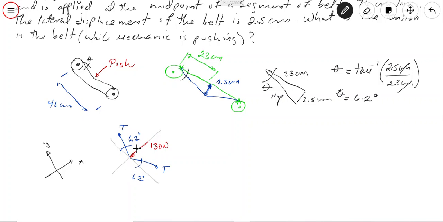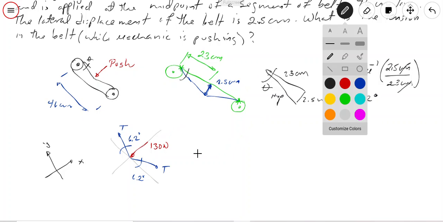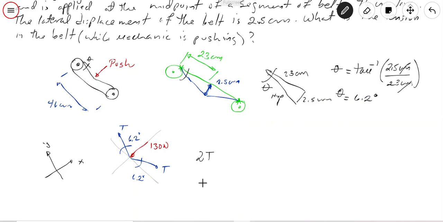So if I make a sum of the forces acting on the x-axis, I have 2 times the tension. The component lying here on the x-axis is opposite to the angle of 6.2 degrees, so it will be affected by the sine. So it's 2 times the tension times the sine of 6.2 degrees.